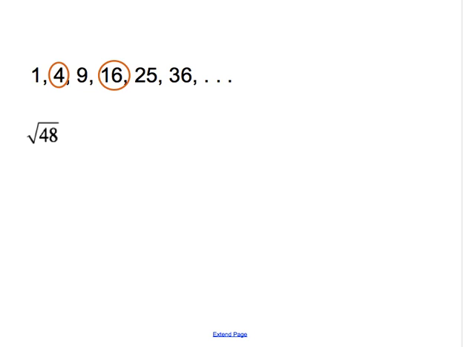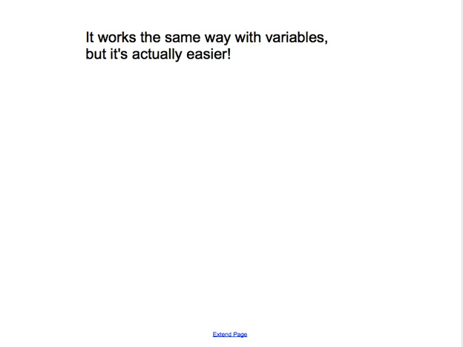So I'm going to rewrite square root of 48 as square root of 16 times 3, which I will split into the two square roots. And the square root of 16 is 4. Square root of 48 is 4 times the square root of 3. See? Easy.